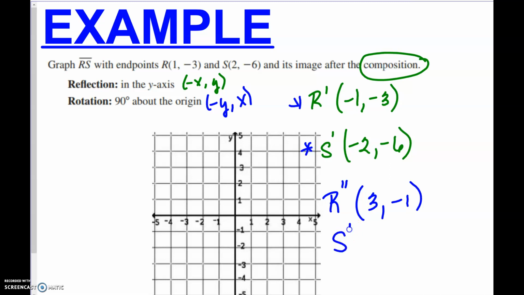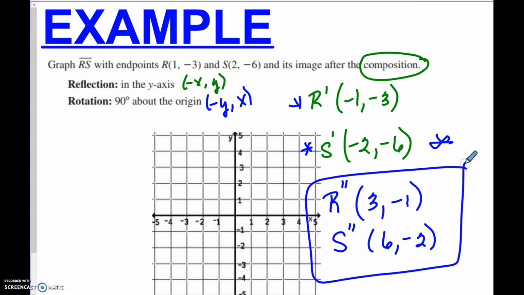And S double prime, remember we're starting from here. So we're going to do the opposite of y, so the opposite of y is going to be a 6, and then the x value is going to stay the same. So the end result is going to be this right here.